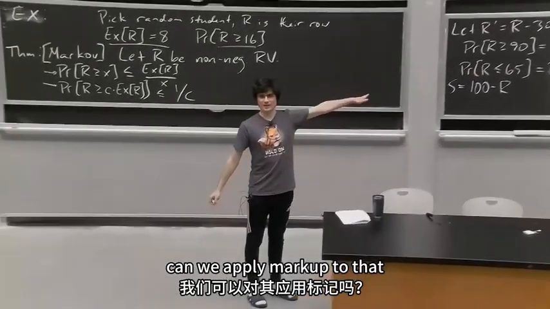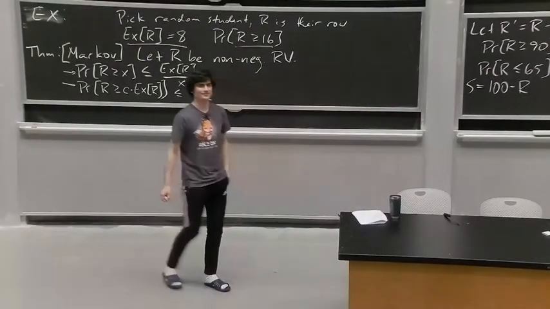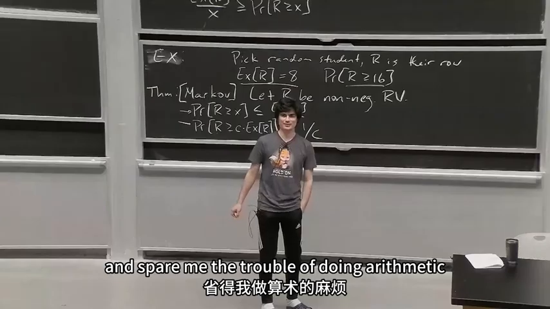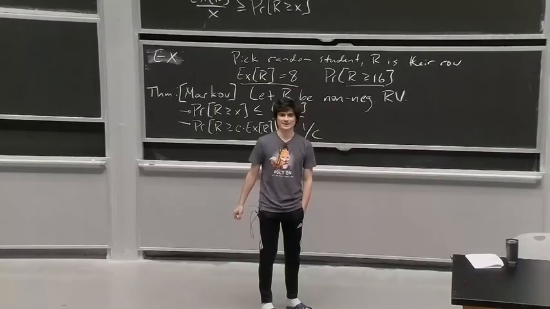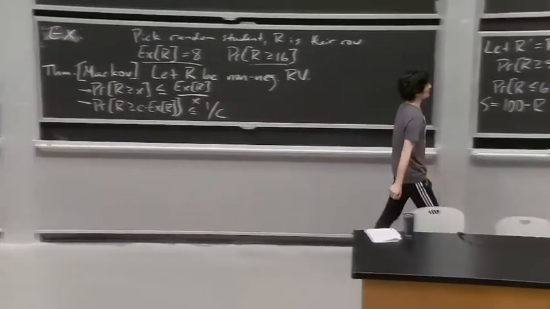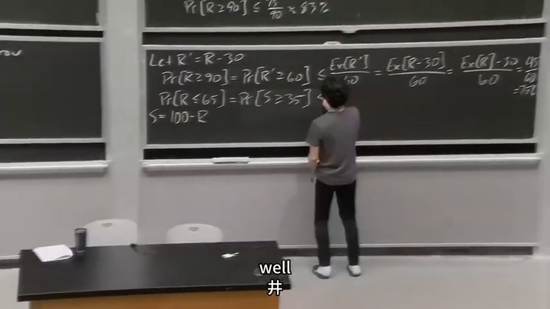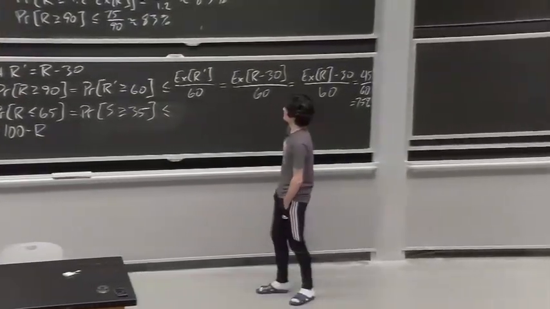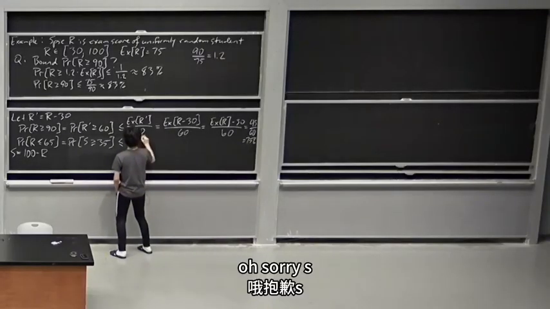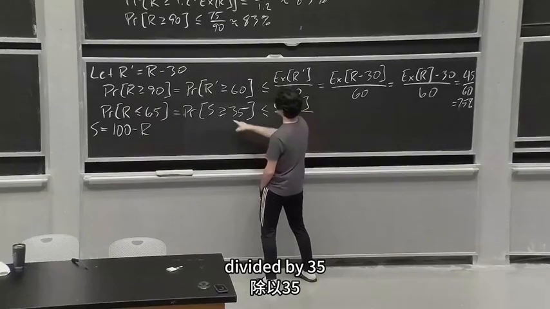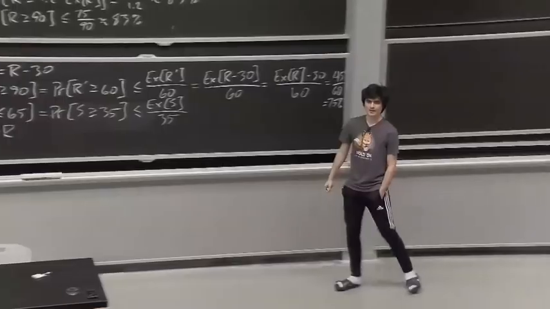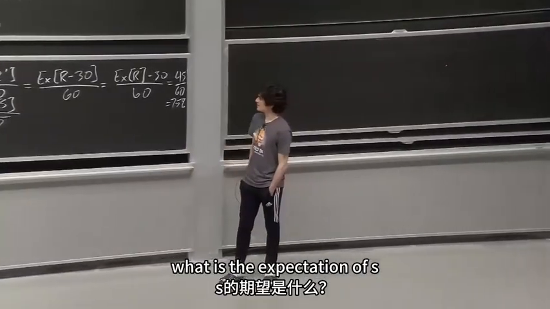Can we apply Markov to that? I'm seeing some nods. Does anybody want to do that and spare me the trouble of doing arithmetic? Nobody? Sadness. Okay. Well, what does Markov say? It's at most the expectation of S divided by 35. What is the expectation of S?